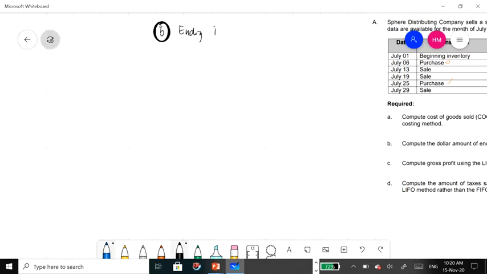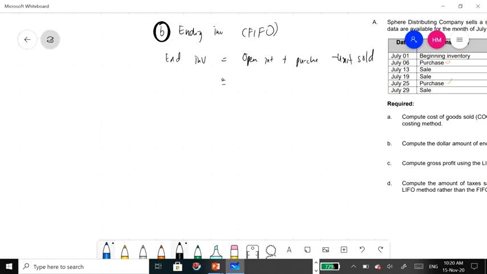Ending inventory untuk FIFO. So ending inventory equal to opening plus purchase tolak unit sold.